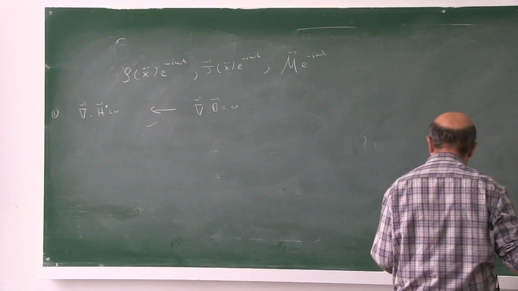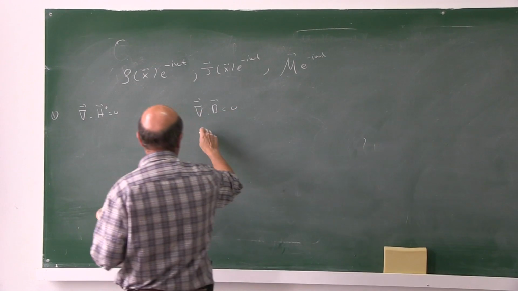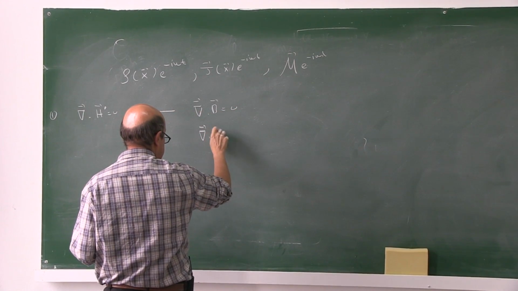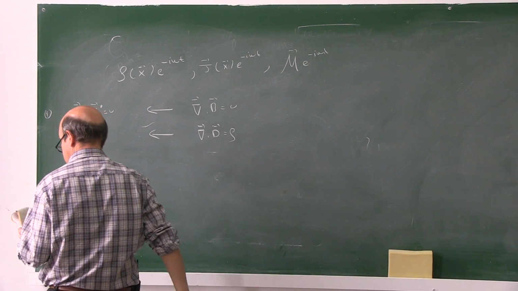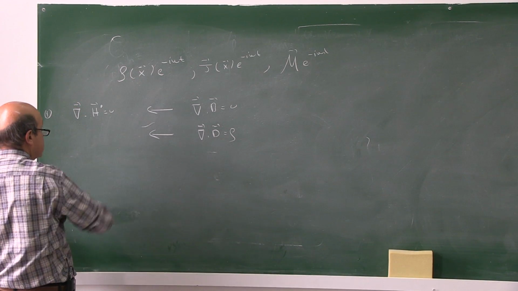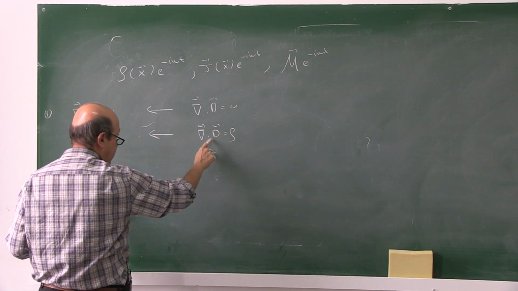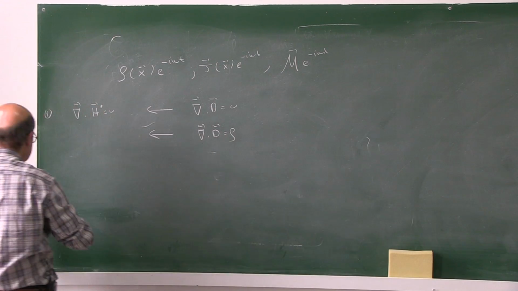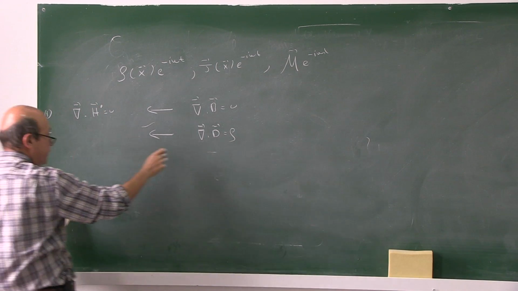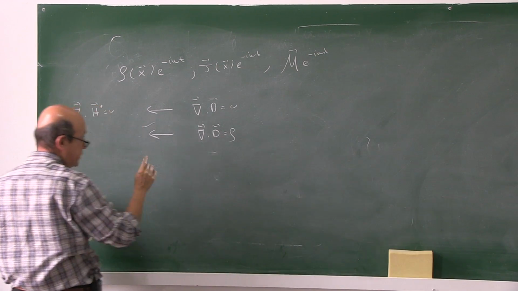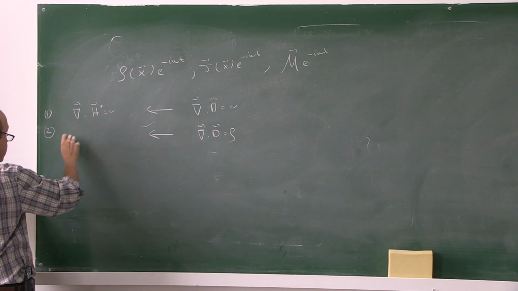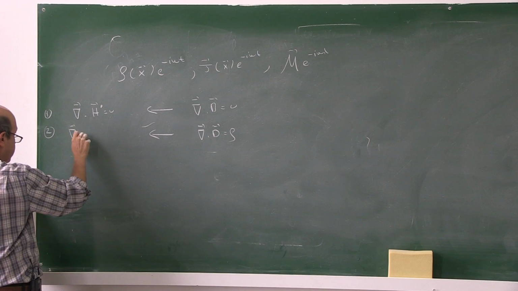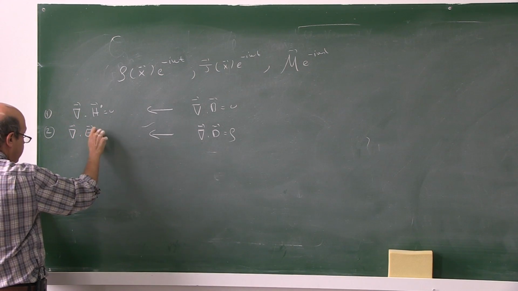The second set: divergence of electric displacement is the charge density. Here I have sources, so I cannot write del dot D equal to 0. In free medium, we were writing that the charge density is 0, but now we cannot do that. So let me write this as divergence of E, not E prime.